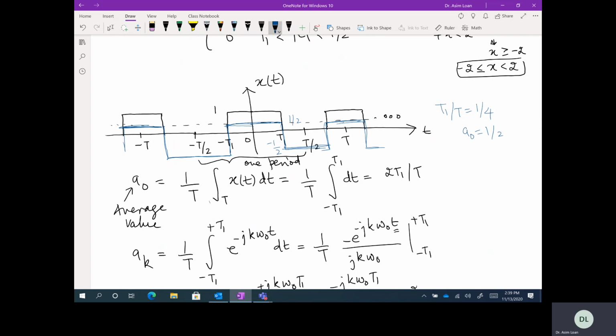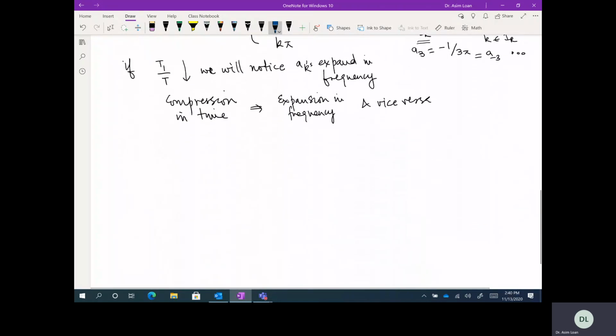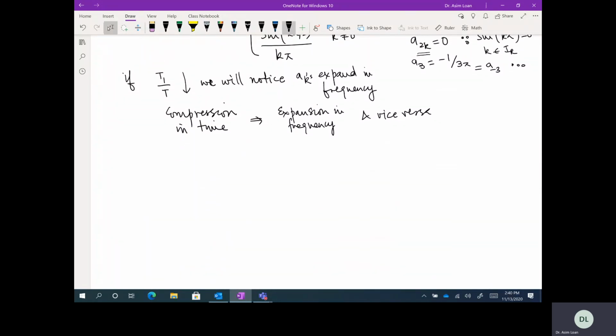So this one has half wave symmetry. If this one has half wave symmetry, then if you shift by half the cycle and you flip it, it will be exactly the same as before.